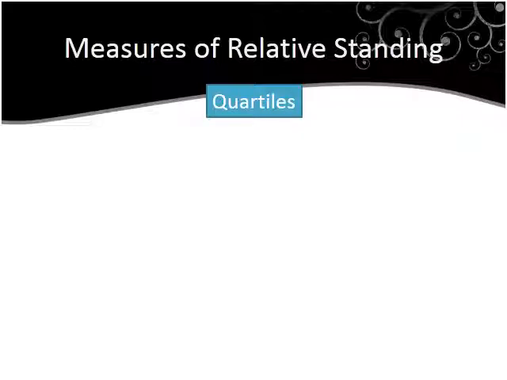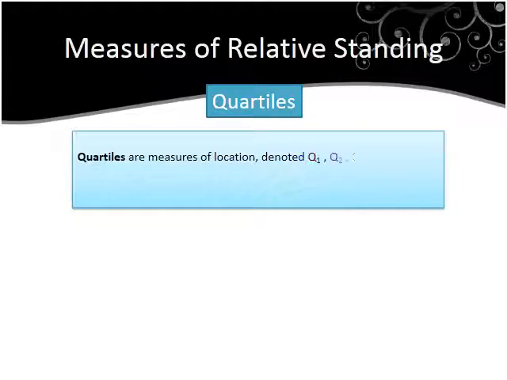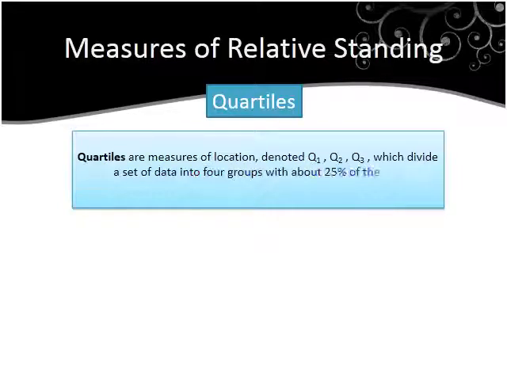Quartiles are very similar to percentiles, except instead of having 100 different percentiles, we're going to have only 3 quartiles. They divide your data set into 4 groups with about 25% of the values in each group.